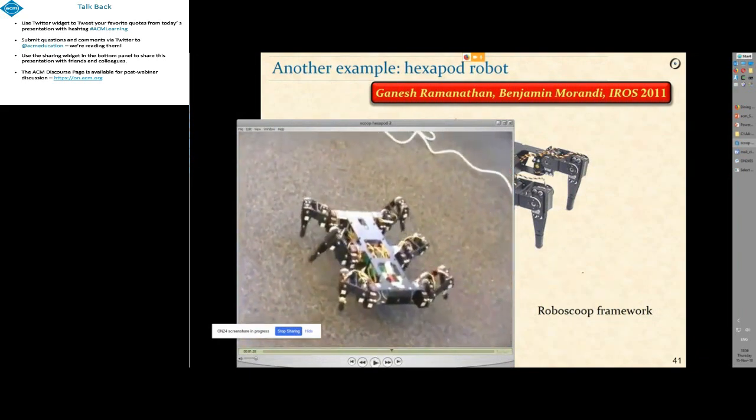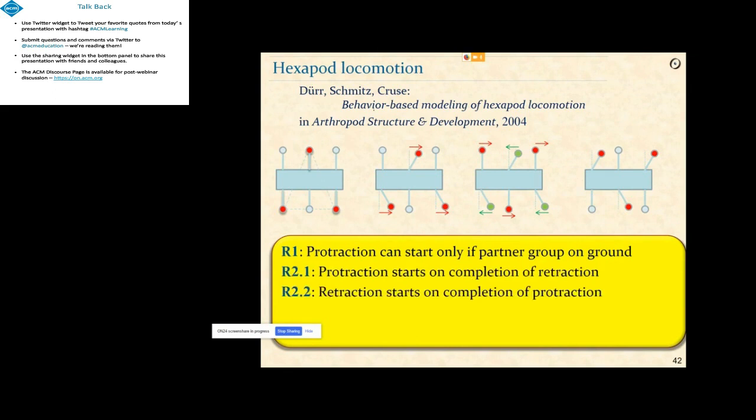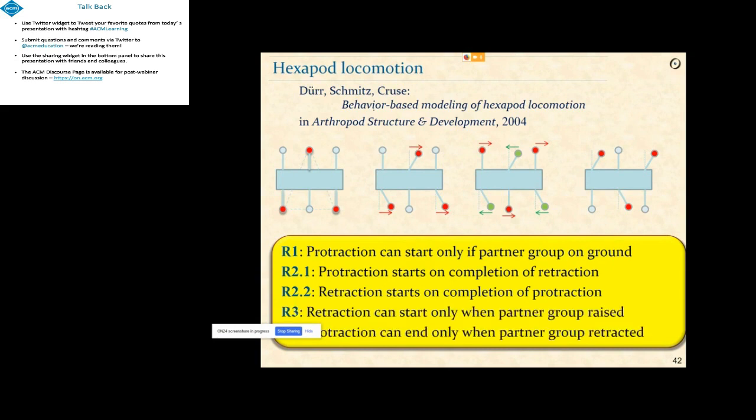I hope you see. And you can see the protraction and retraction of the legs. He found this in a kind of journal that computer scientists typically don't read, Arthropod Structure and Development, with rules. So you see the two groups of 3 legs, which are partner legs. The green are the partners of the red, with rules like this. In the paper, protraction can start only if partner group on ground.